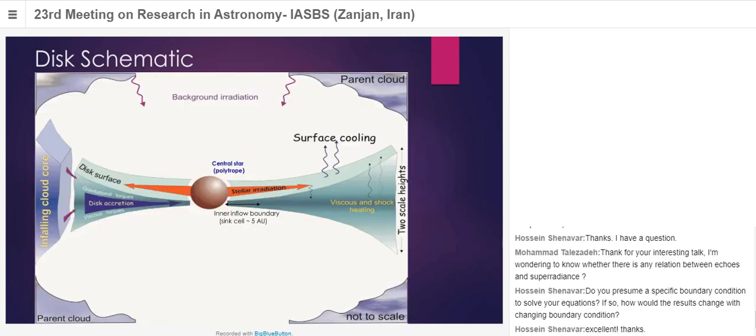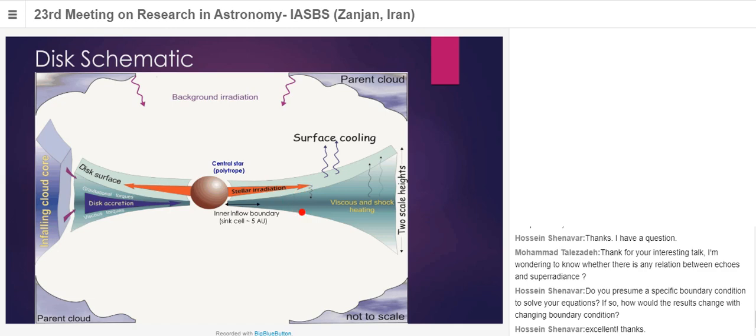That's just to give you a hint of how the numerical grid is set up for the finite differencing of the partial differential equations. This is a schematic of how the model works. The central region is really a sink. Matter goes in but doesn't come out. But you can model the interior with stellar evolution models, assume you have a central star there, and then estimate the stellar irradiation that would be coming out of the star. That irradiation is taken into account in the model and contributes to heating of the disk.